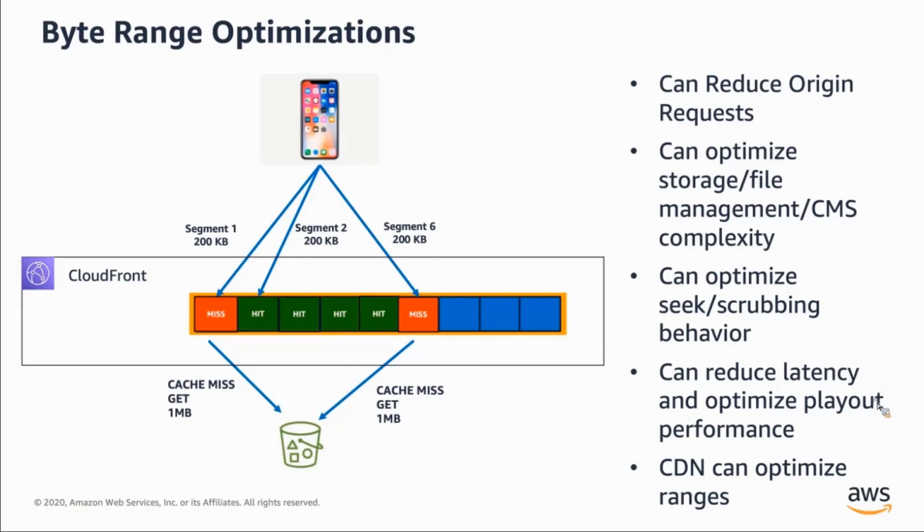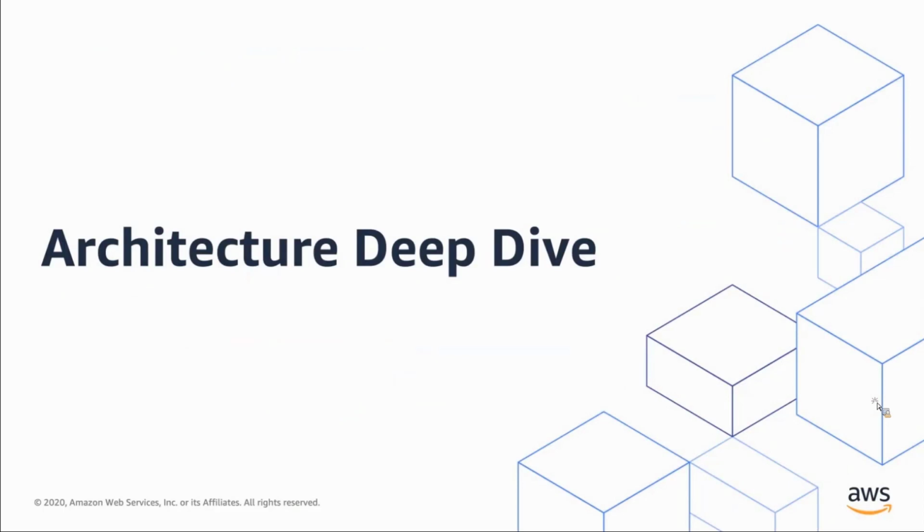So there are a lot of optimizations that we've made based on behavior we've seen in the wild, to make sure that CloudFront can optimally service high request rate, byte range request oriented applications. So with that, I'll turn it back over to Ronak to go into more details about their particular application architecture.